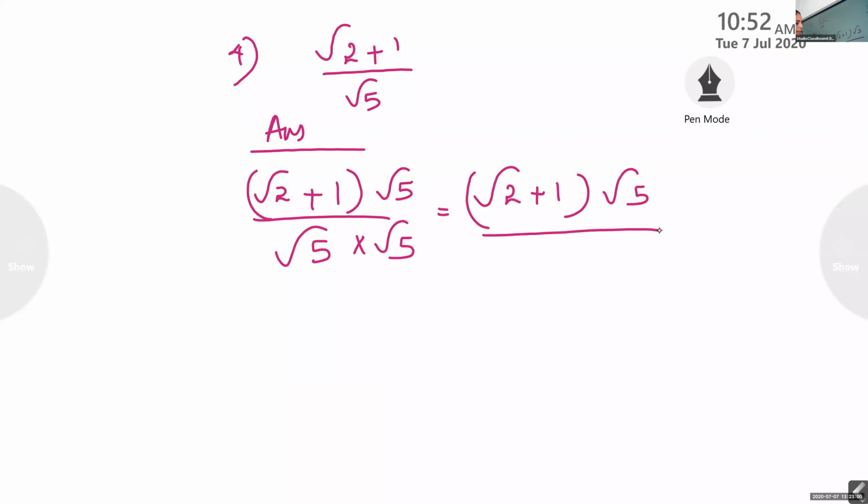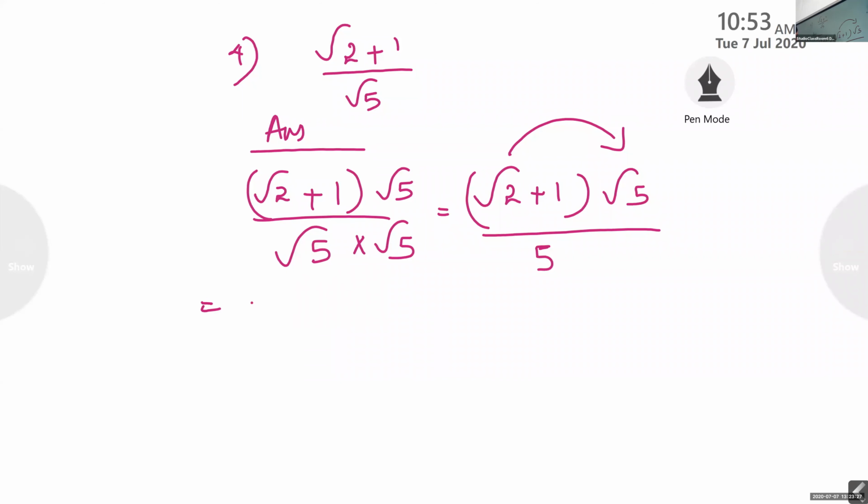Now, root 5 into root 5. What is root 5 into root 5? 5. Now you look at the numerator, can you multiply this? What is root 2 into root 5? Root 10, very good.